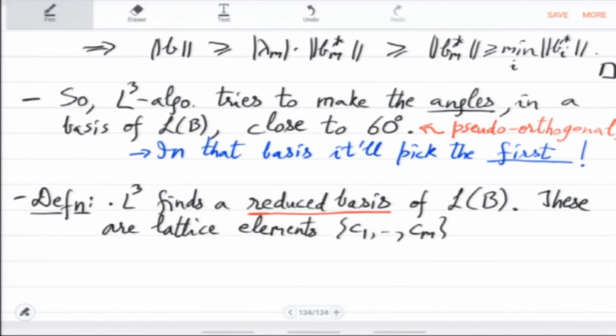There will be m many because you started with m many, and the number cannot change, and they will be integral. So remember that you want the same lattice, so they should all be in the lattice such that... the first condition is a bit mysterious, but you will see why it is important when we analyze.